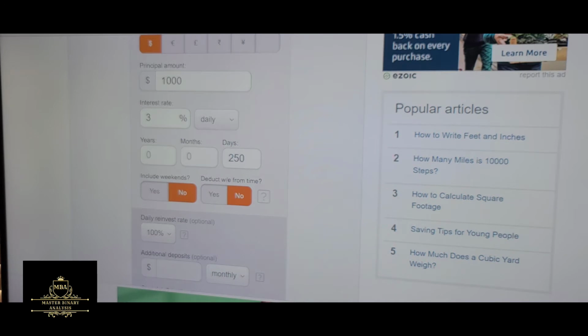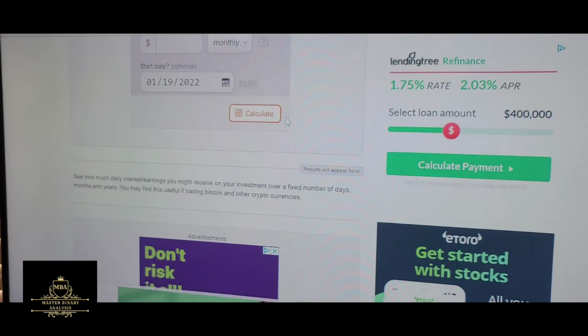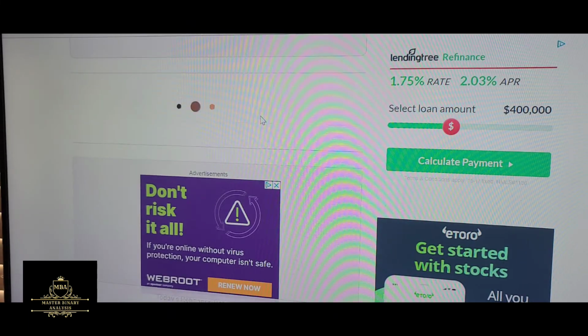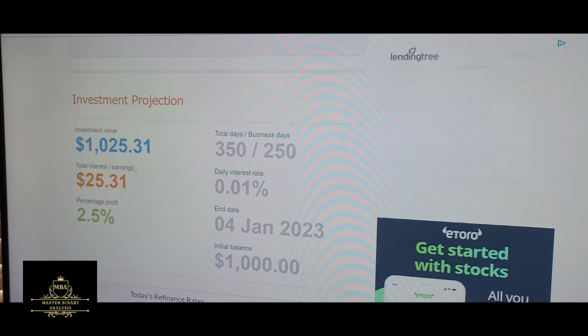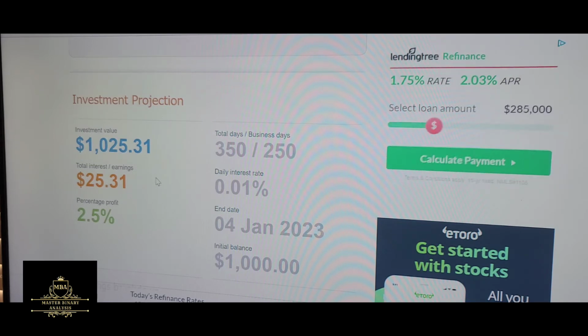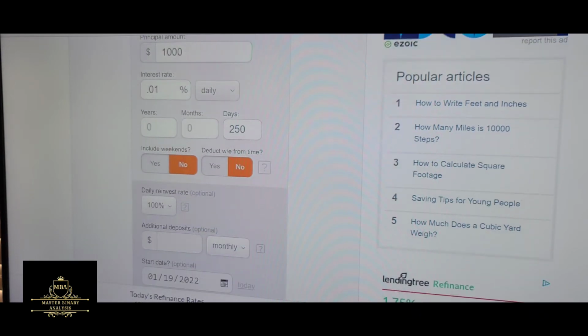So having $1,000 in a bank account at, let's start here first, 0.01, your account will have grown by roughly $25 for the year. $25 for a whole year.